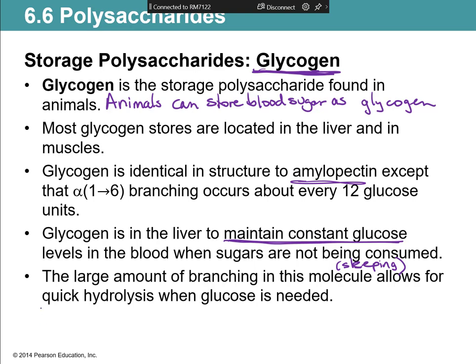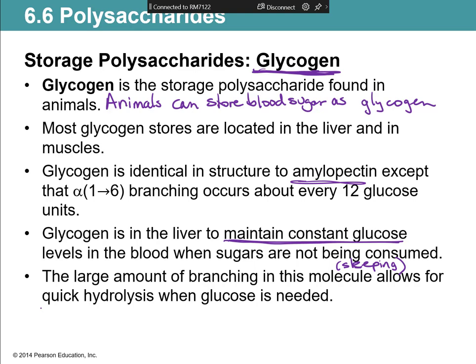So a lot of people that are athletes, if they have a game or a marathon or some kind of activity where they're going to need a lot of energy the next day, will usually eat a higher carbohydrate meal the night before to try and maximize the amount of glycogen they have.